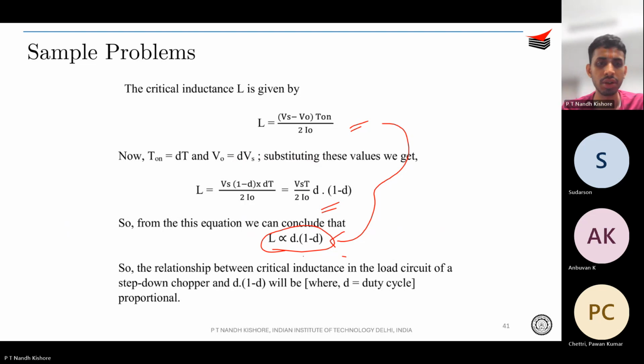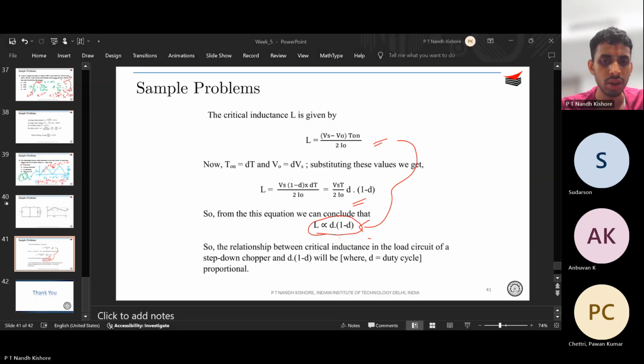So any doubts so far? I will just pause for a moment now. If you have any doubts, please do type in the chat box, or you can also tell Sudarshan, Pavan, or Anbhuvan.